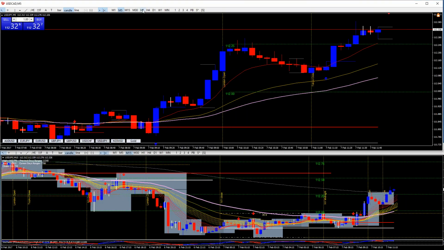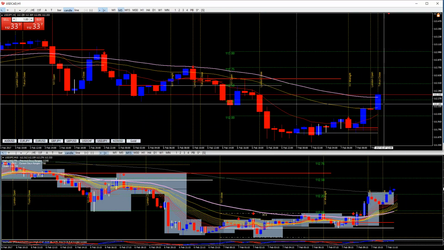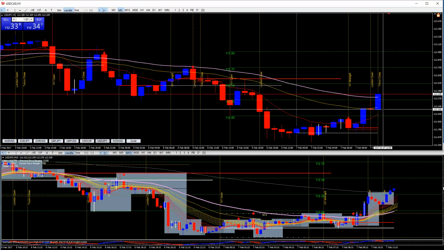and if I change this to a 1 hour for a second and look at it, that level that I was talking about is right there. To me it's important to have a number of charts open, because if I had taken this trade down here, I knew there was room to go up 10 pips, 20 pips.